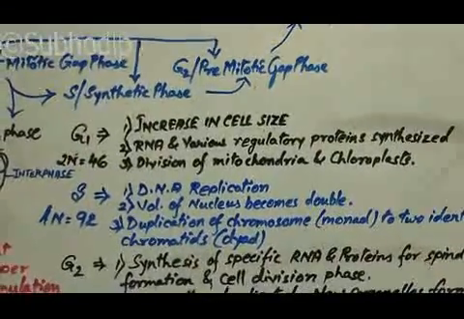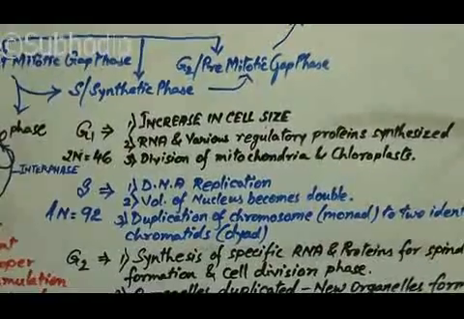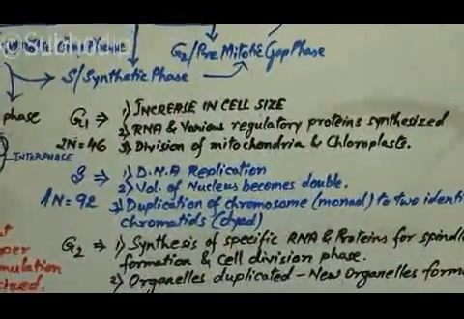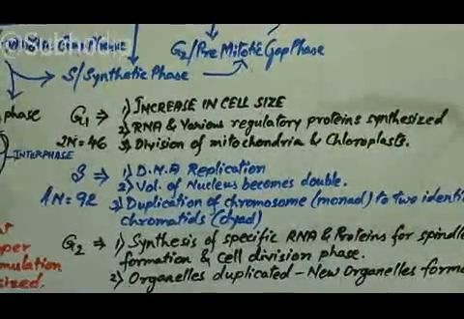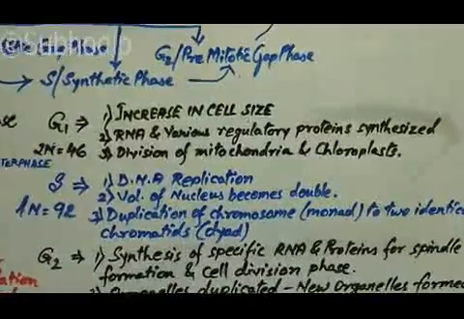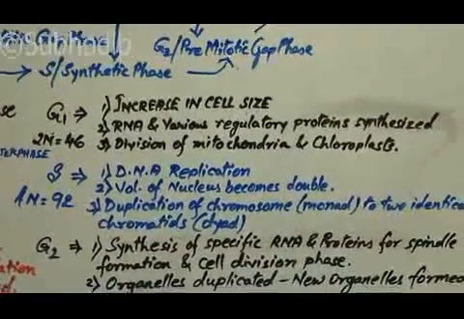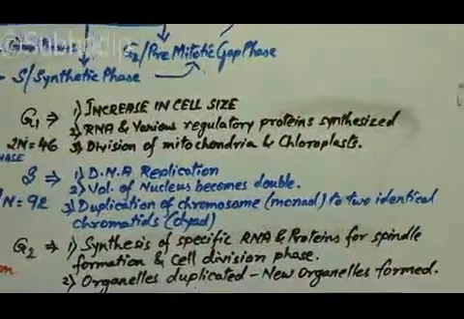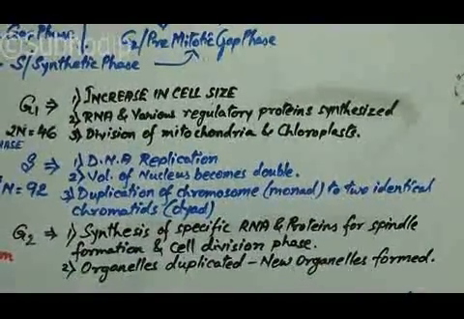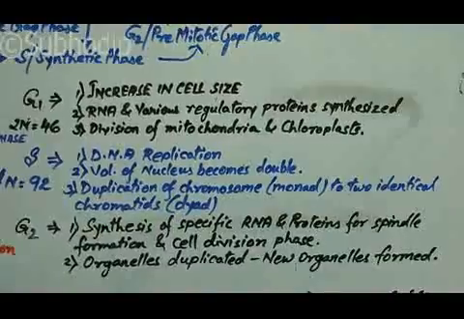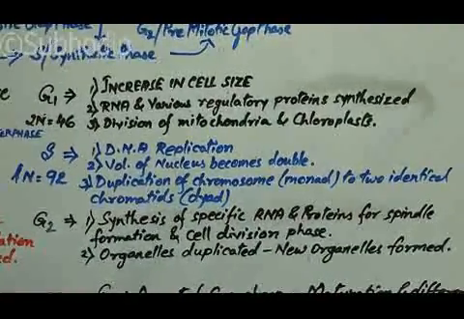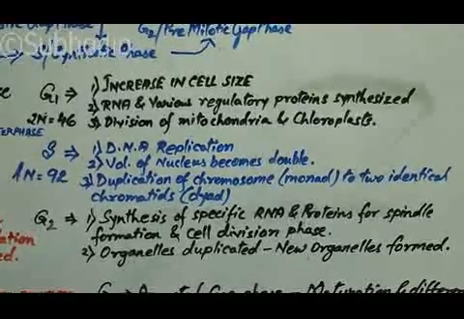Next, the successive stage, that is the S or synthetic phase, occurs, where the DNA replication takes place. The volume of the nucleus becomes double. Duplication of chromosome from monad to two identical sister chromatids, that is dyad, occurs. Here the number of chromosomes becomes 92.